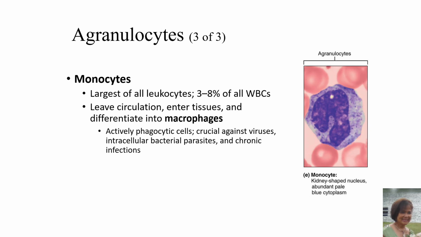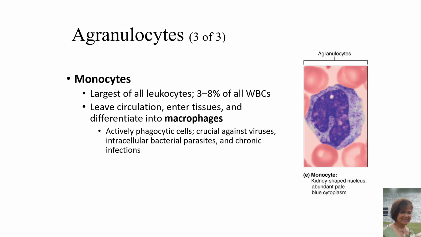Then you have the monocyte. They are big, the largest of all the leukocytes, and they account only for about 3 to 8% of all white blood cells. They can leave circulation, enter the tissue, and become a macrophage.